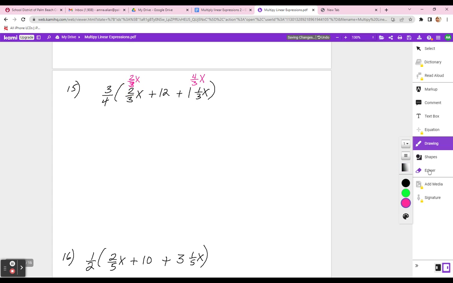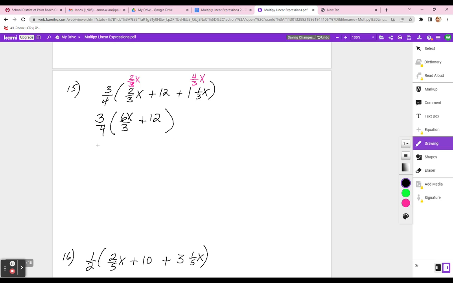And that's what I'm going to do. So 2/3 x plus 4/3 x, well, because they have the same denominator 3, I can keep the same denominator 3, and I can just add the numerators. 2x plus 4x is 6x plus 12.